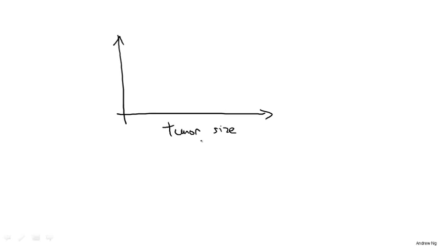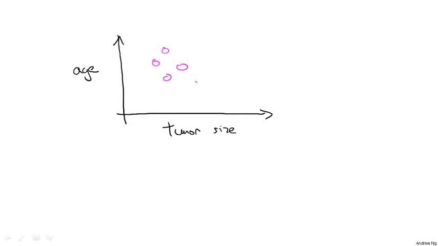Sometimes we'll look at multiple features or multiple of these sorts of input attributes. For example, to continue the breast cancer example, we may have the tumor size as well as the age of a patient, and I'm vastly oversimplifying this data set, but this is a real problem, of course.